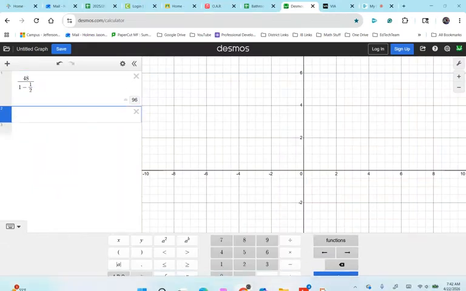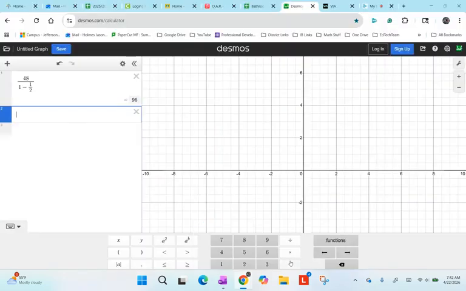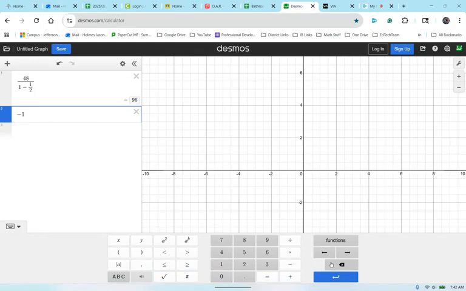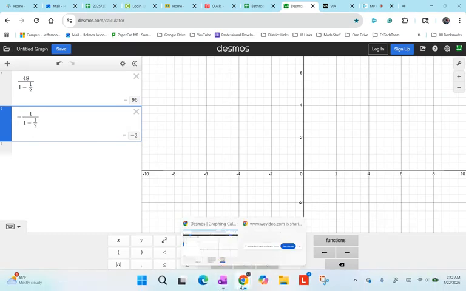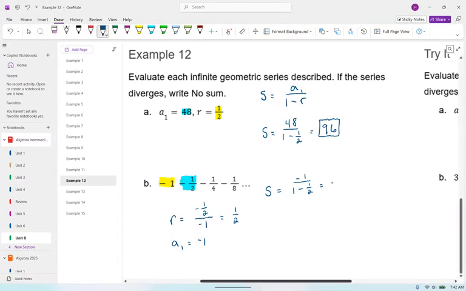Up on the top, we have negative 1 divided by 1 minus common ratio of 1/2. Okay, and so we have negative 1 over 1 minus 1/2, and that converges to be negative 2. Come back over here. This converges to equal negative 2.